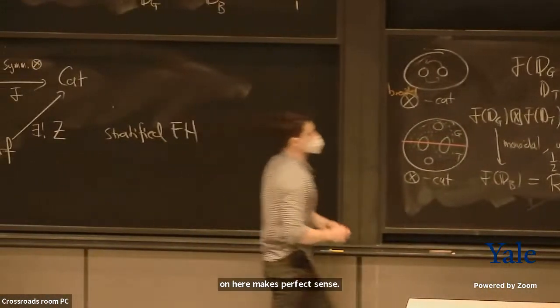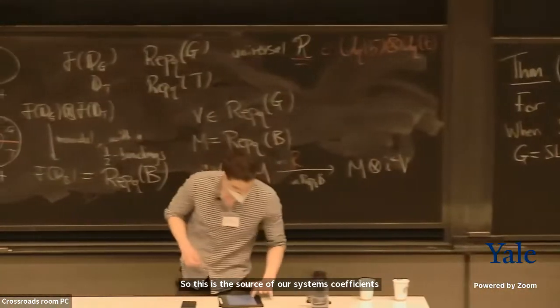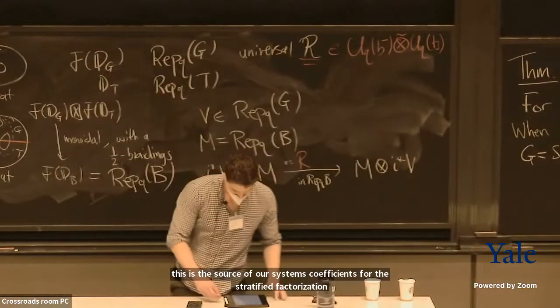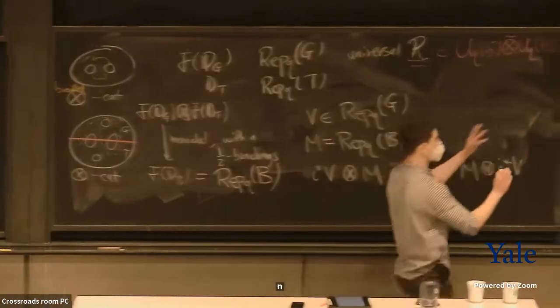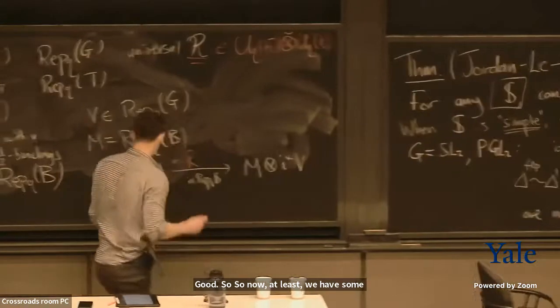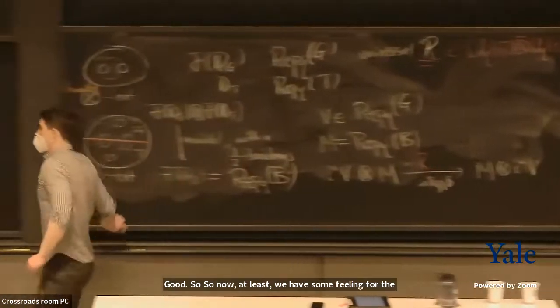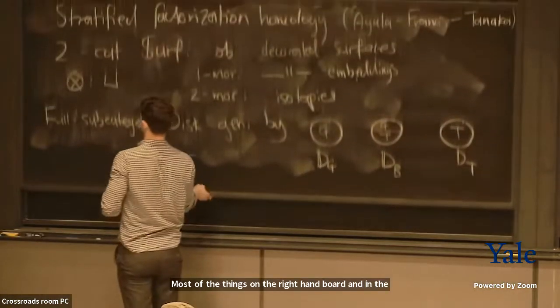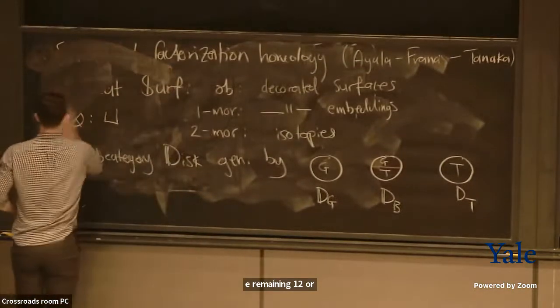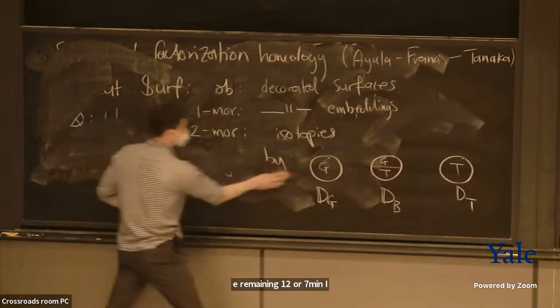So this is the source of our system of coefficients for the stratified factorization homology. Okay, good. So now at least we have some feeling for the definition of most of the things on the right-hand board. And in the remaining 12 or so minutes, I want to explain how to actually compute them.